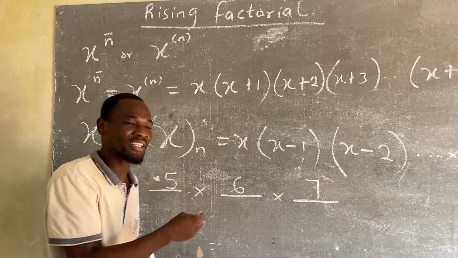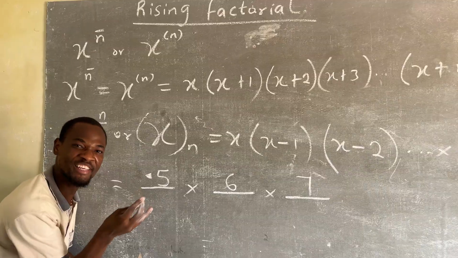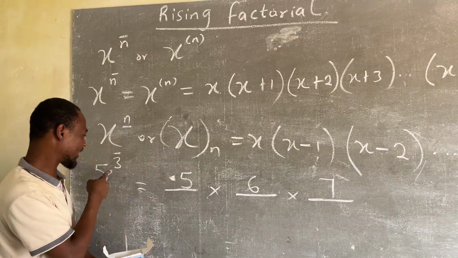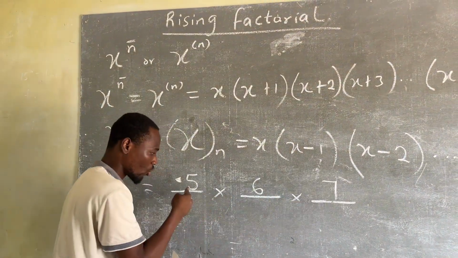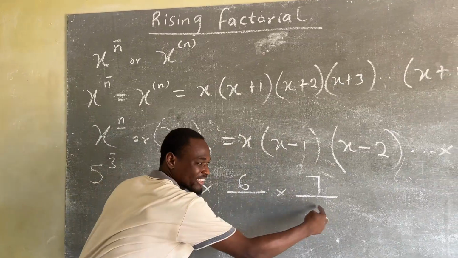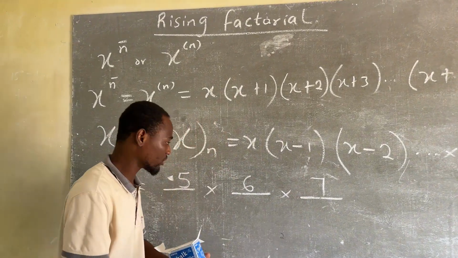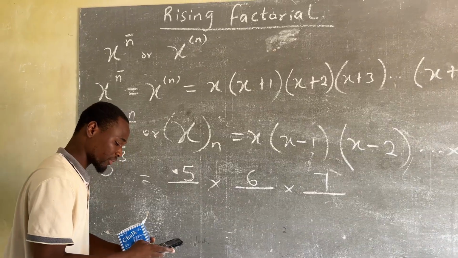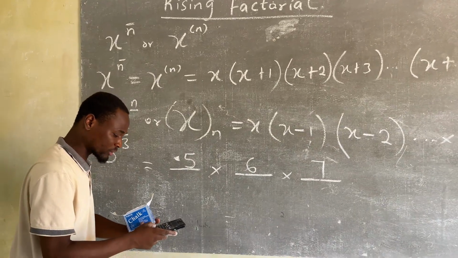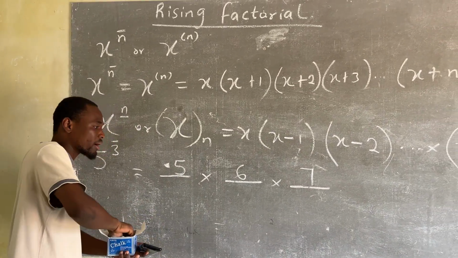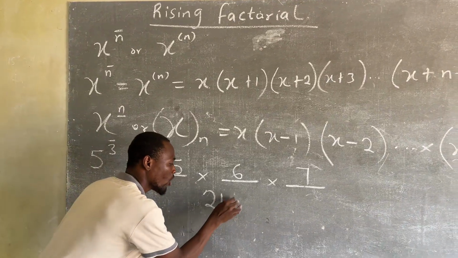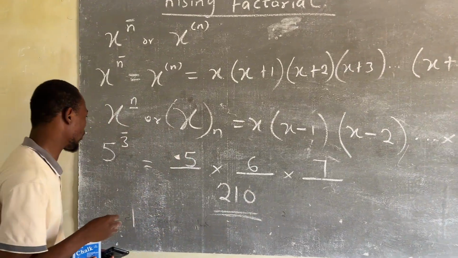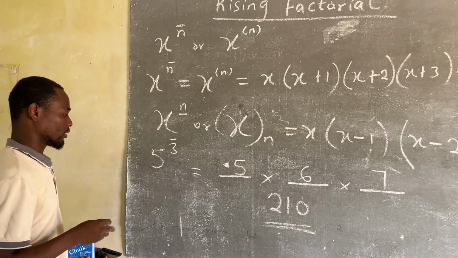So in other words, it helps us to know the terminating number. So here the terminating number is 7. Let me count. 1, 2, 3. So this is the third position. As simple as that. So by the help of the calculator, when you compute this, you are supposed to get 210. As simple as that.